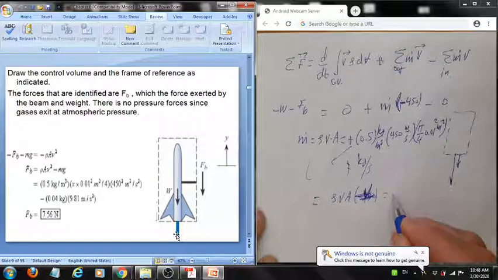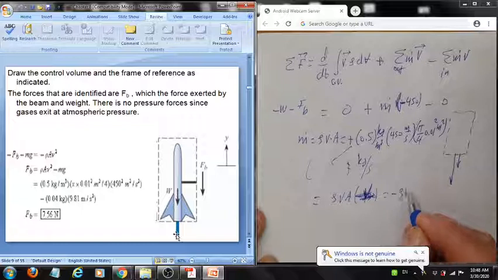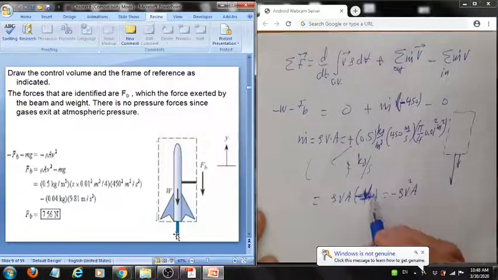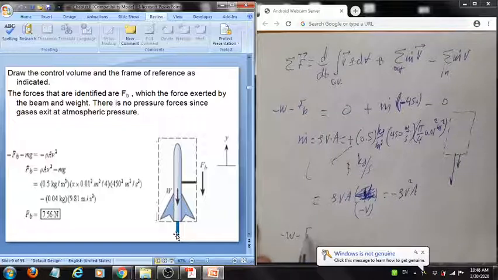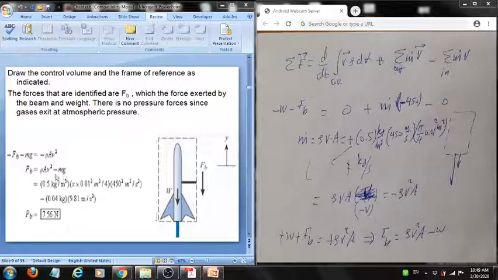So this leaves us with minus rho V squared A. So in this case, we have minus W minus FB equals minus rho V squared A, which implies that FB equals rho V squared A, as he puts it in this form.